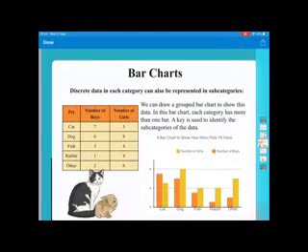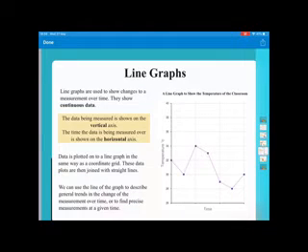The third type we're going to look at today is the line graphs. Line graphs, as their name states, is to do with a line. It always makes me think of dot to dots, because you put the data on the graph, just like we do with coordinates. You end up with dots, and then in this case you join them up using lines.